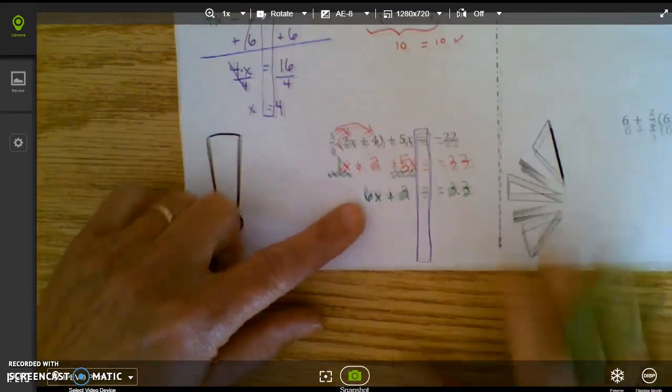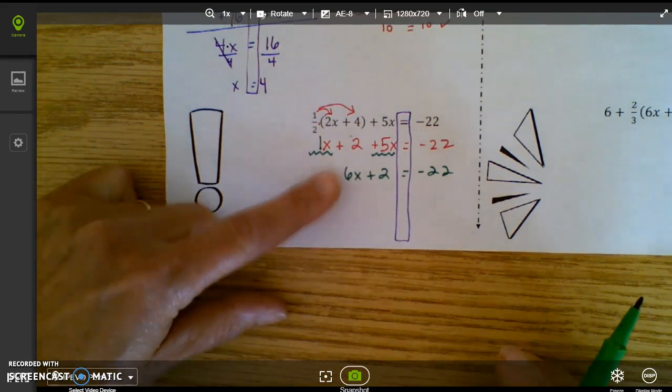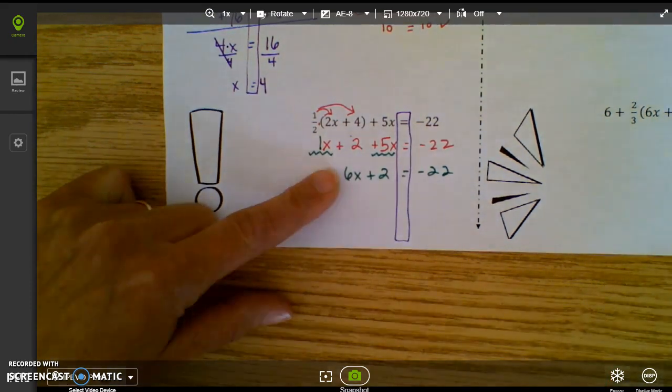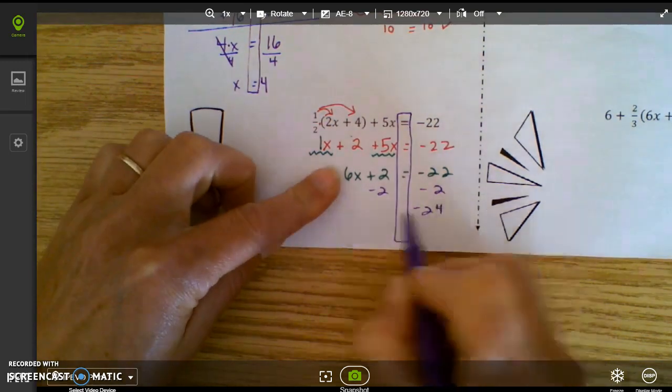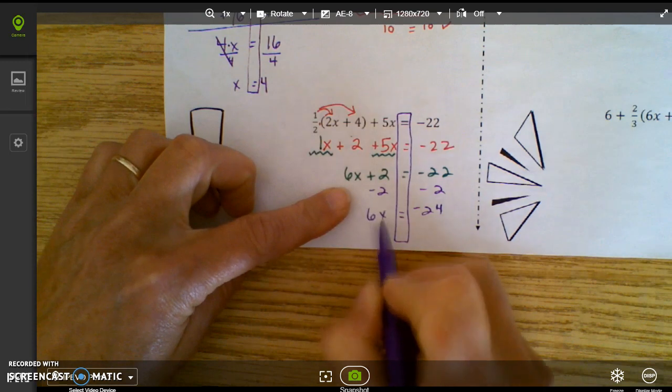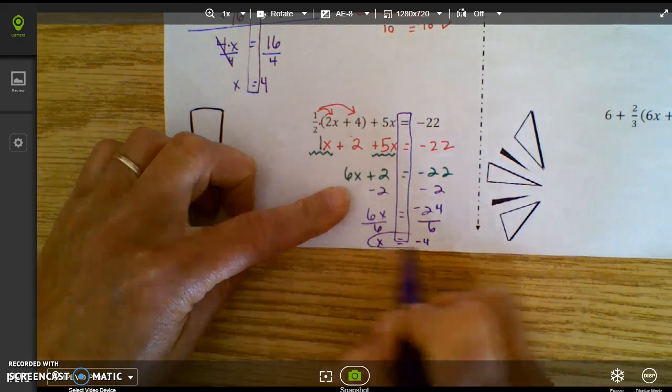Once we combine like terms, I always say that we should be home free from here on down because this is a two-step equation. And when you solve a two-step equation, remember, there are only 2 things that have to be taken care of. And in this case, we get -4.